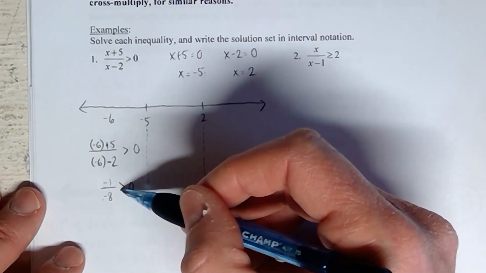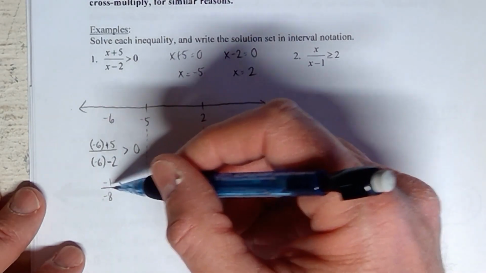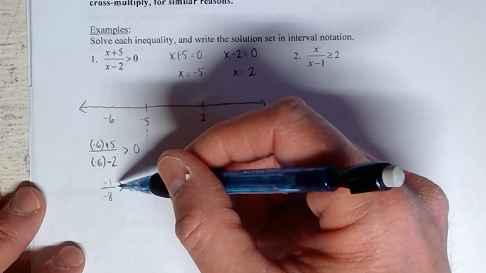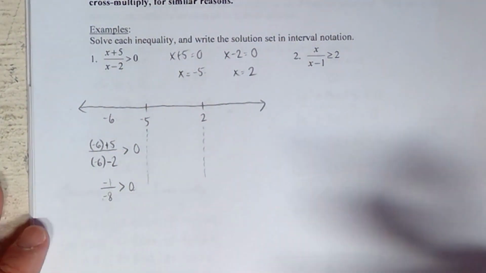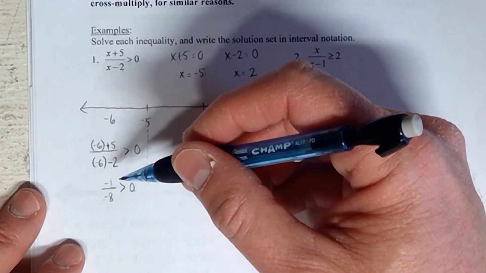It'd be different if it said less than, but it says greater than, okay? Positive is always greater than 0. If this had been a negative fraction, then that would not be greater than 0. But it doesn't matter what fraction it is. The only thing that matters is, is it positive or is it negative?